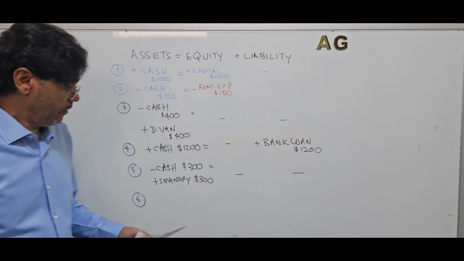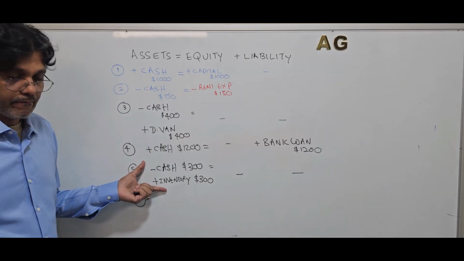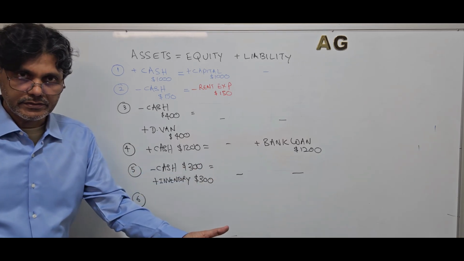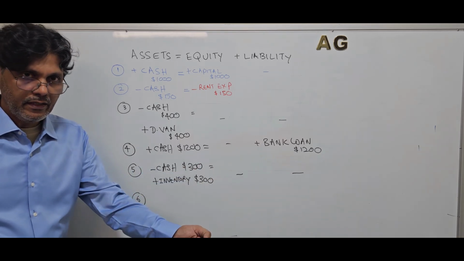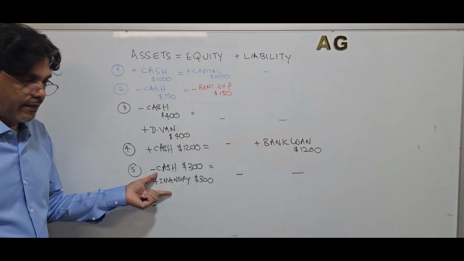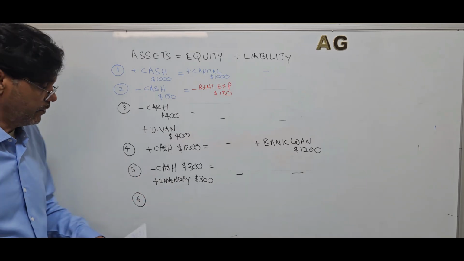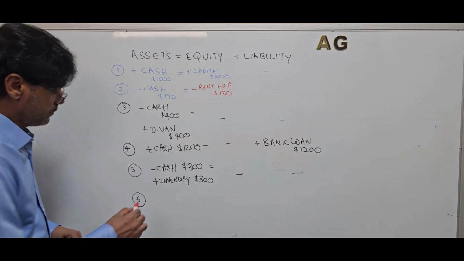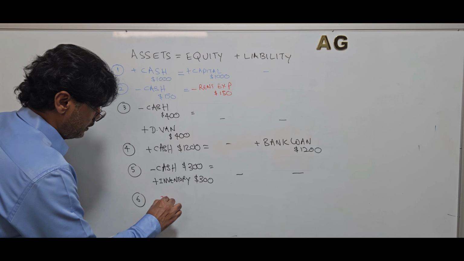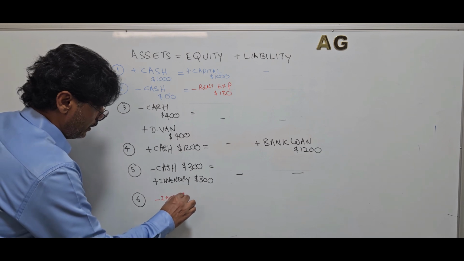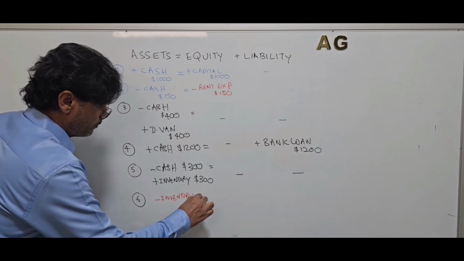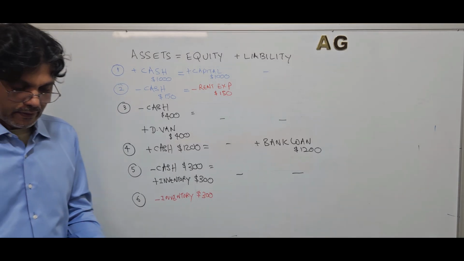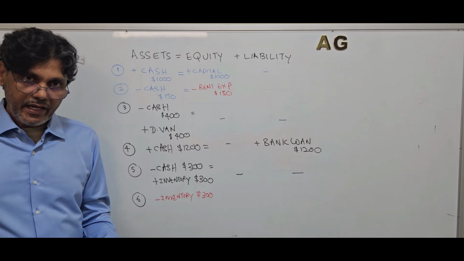Now, the sixth and final transaction: sold all the goods purchased for $500 in cash. Whatever goods you purchased have been sold for $500. When you sell, your inventory balance will reduce by $300, and the business has received cash.